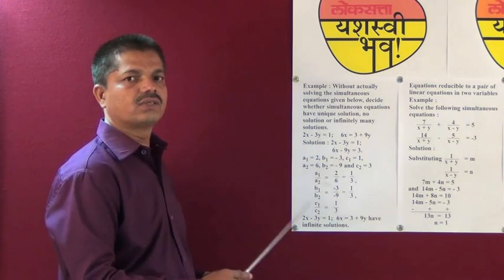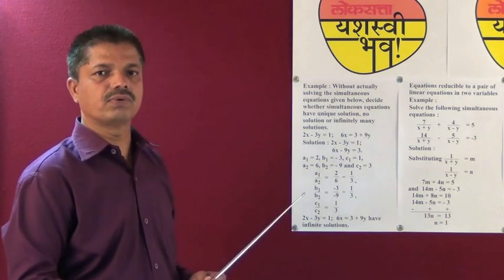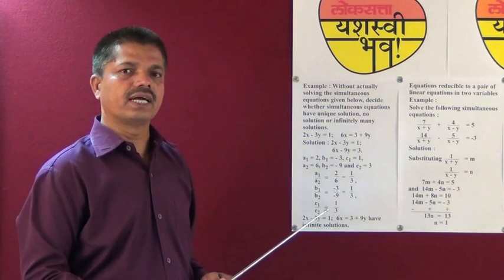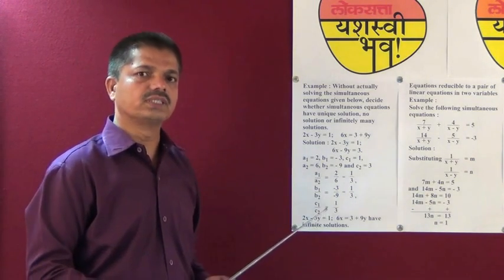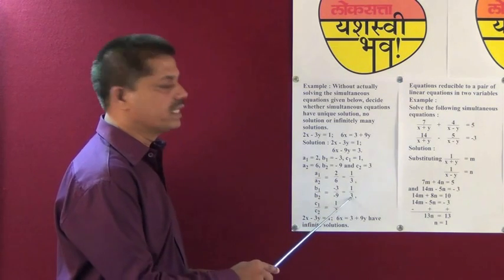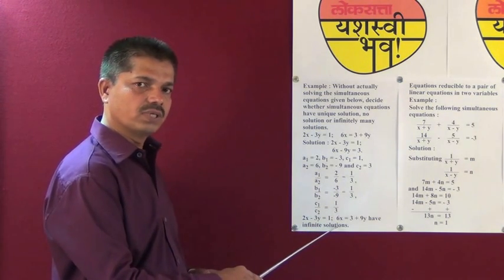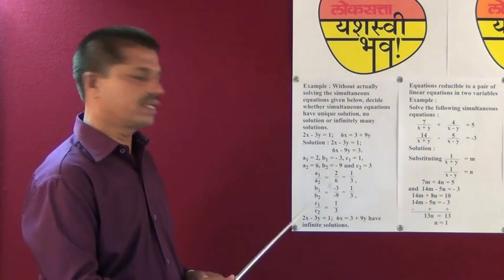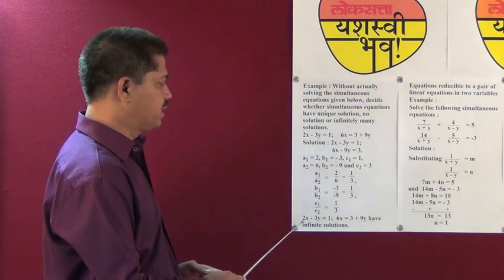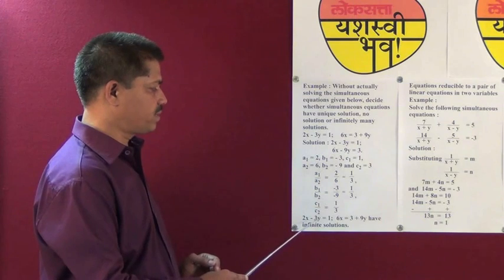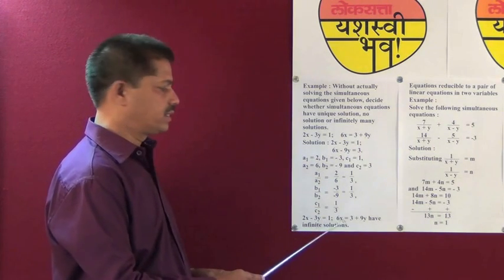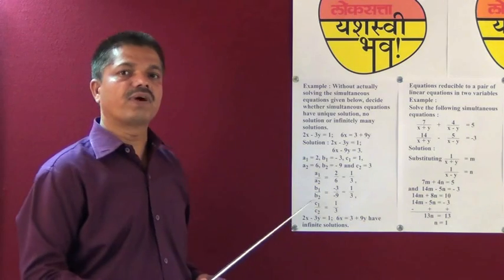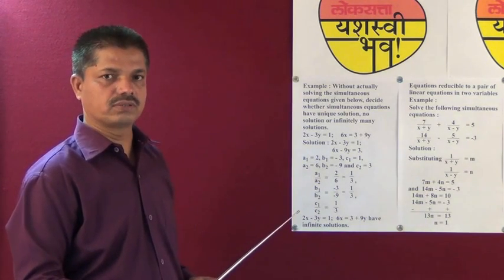If you compare these values, you will find that a1 upon a2 is equal to b1 upon b2 is equal to c1 upon c2. As these ratios are equal, these simultaneous equations 2x minus 3y is equal to 1 and 6x is equal to 3 plus 9y will have infinitely many solutions.